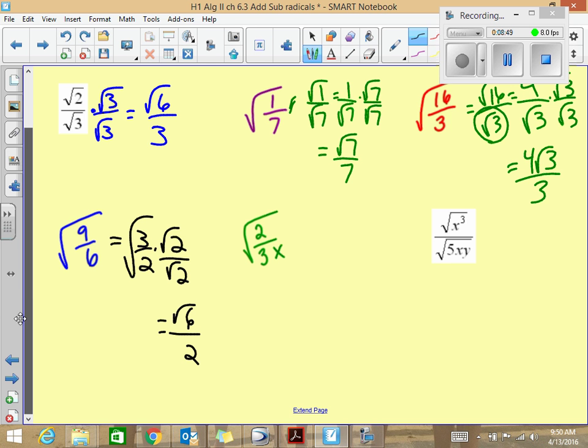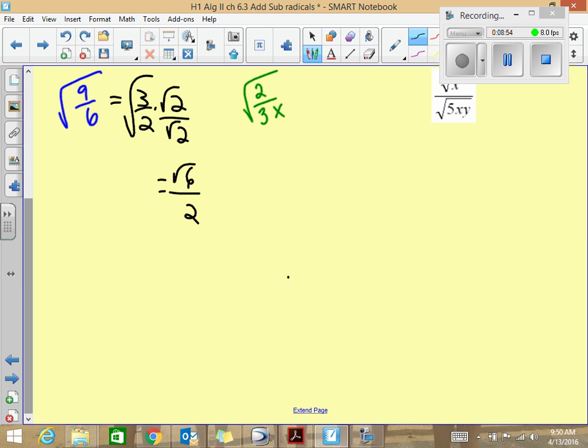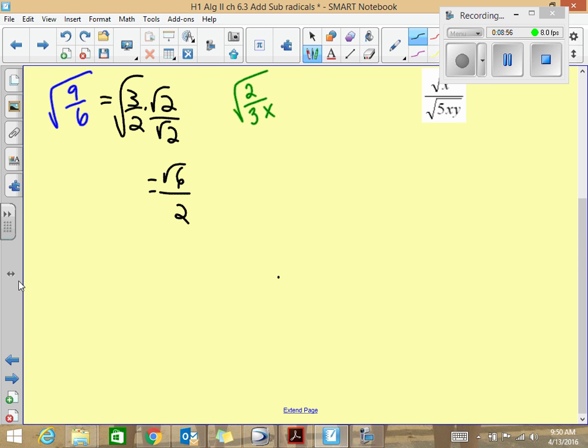Now, the other way I could have thought about this, I just want to show you both because you'll end up with the same answer. The other way to think about this is radical 9 over radical 6, what could I do? Make it 3 over radical 6, right? So that's fine too, but now to rationalize it, I do radical 6 over radical 6, and I end up with 3 radical 6 over 6.